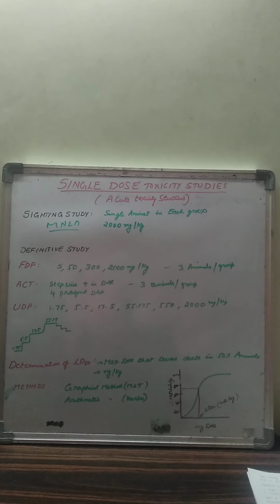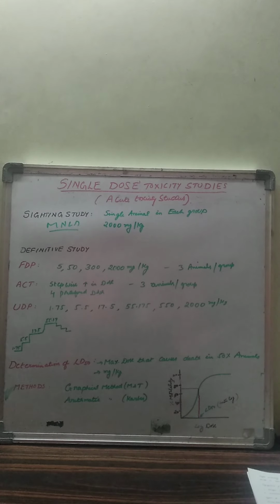You observe for 48 hours. In these 48 hours, if you are not getting any signs of toxicity, then you go to the next group, that is, the next class. Whenever you have 0 to 1 mortality among the 3 animals, even if one animal dies, you can proceed to the next dose.